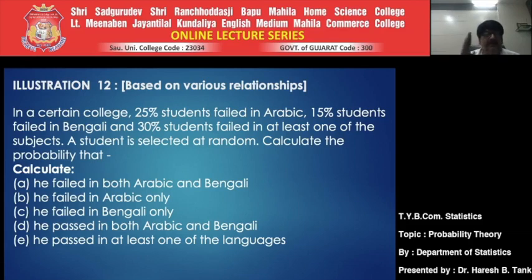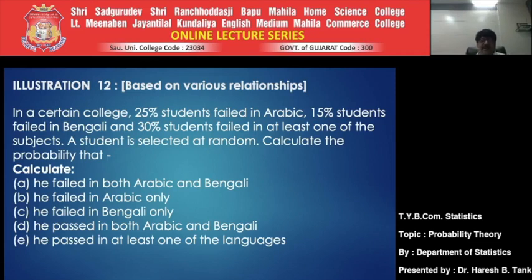You can say that percentage is to be removed. When I say 25%, if I want to remove that percentage, what should one do? Simply divide it by 100. So 25 divided by 100 comes to 0.25. So probability of A, meaning probability of student failed in Arabic, would be 0.25.